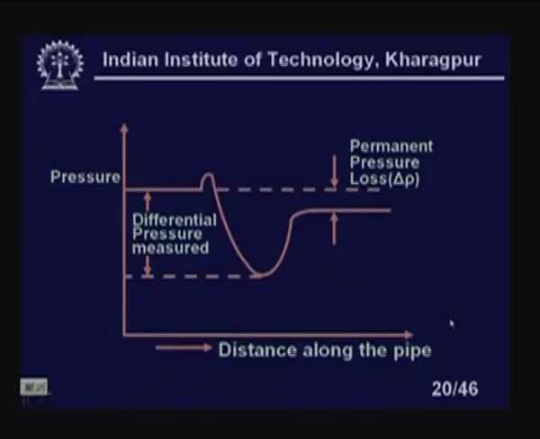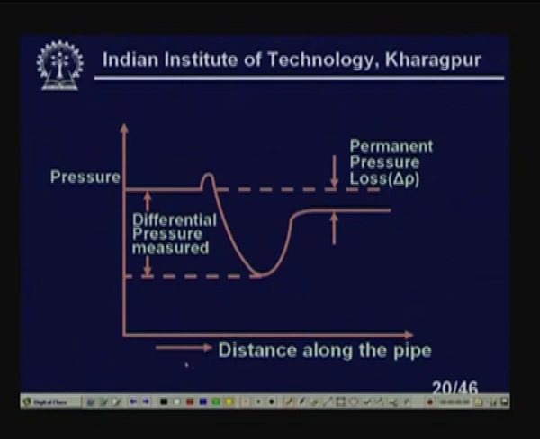You see, this is our pipe, and this is the distance from the orifice; we are taking orifice or venturi throat. Here you see the differential pressure measured, there is a sudden fall of pressure near the orifice. After that, there is a pressure recovery. There is a sudden pressure loss, which is good for measurement.